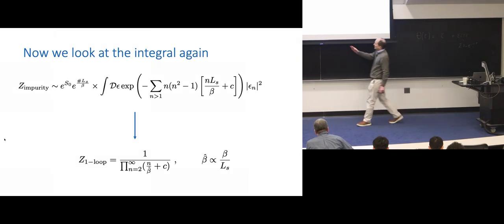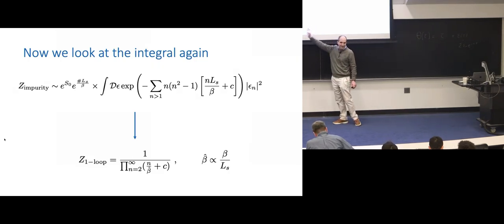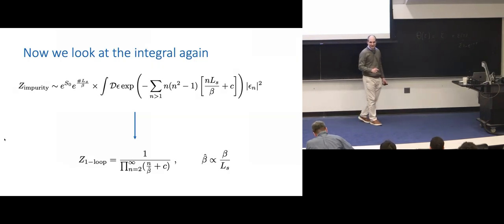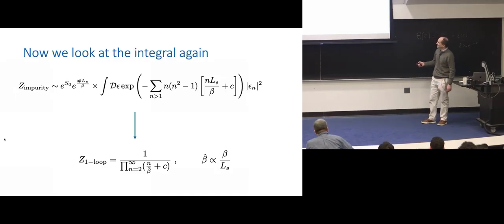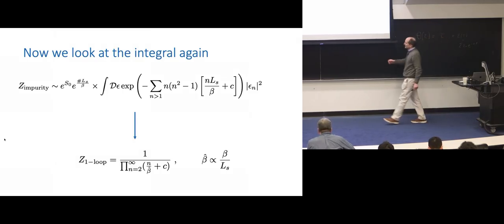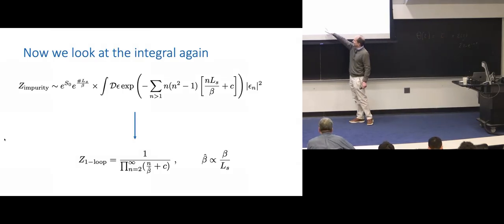So if you pull out this factor of beta from this product, you get some beta to the infinity minus 3. It's the same product, but with modulus of n and going from plus to minus infinity, except for 0 and plus and minus 1, to the 1/2.